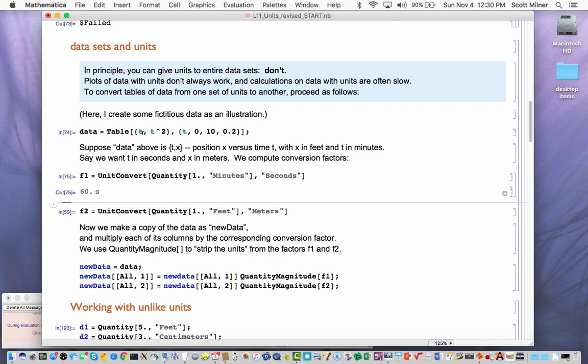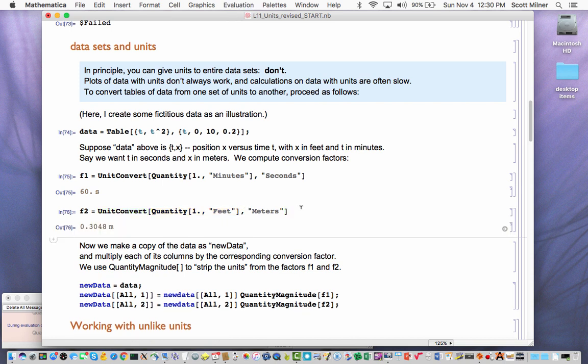Each one of those times in minutes needs to be multiplied by 60 in order to be transformed to seconds. And the positions in feet, which we want to convert to meters, then again we want a conversion factor which is 1 foot converted to meters. And that is 0.3048 meters.